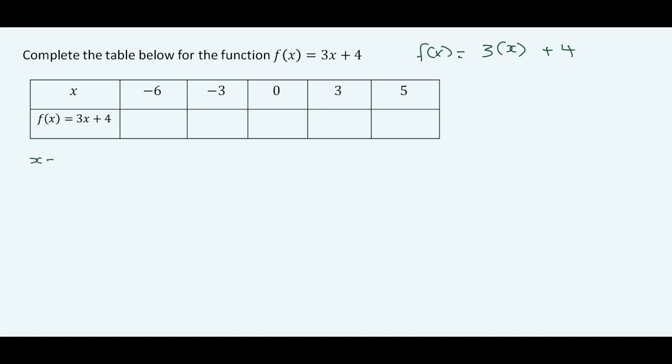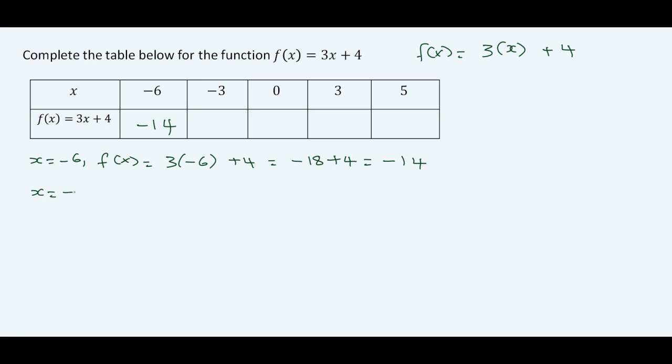So x equal to -6, f of x is going to be 3 multiplied by -6 plus 4, which is -18 plus 4, and that's going to give us -14, which is right here.